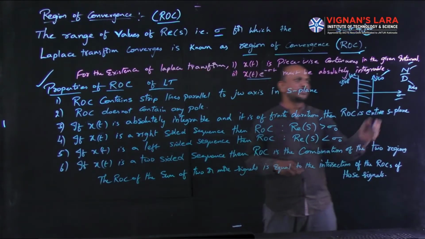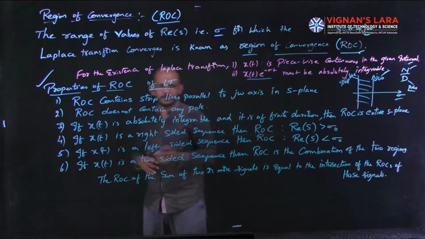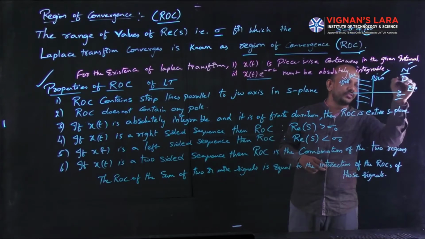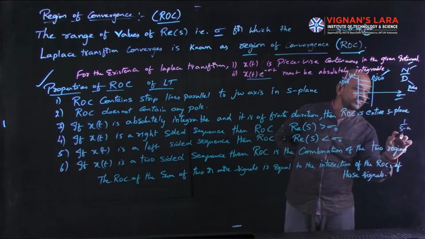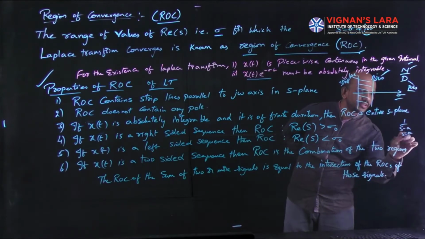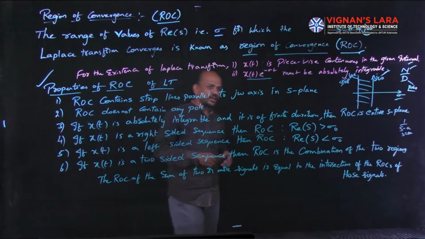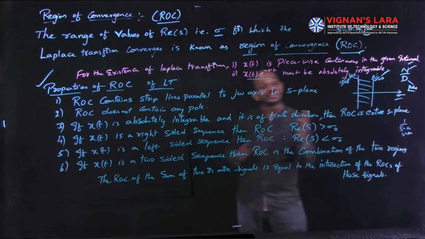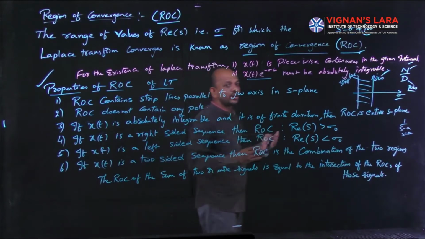So a pole is nothing but, in a given equation there is a numerator and denominator, and if we equate the denominator to 0, then I get the pole. If in the denominator I have a term like 1 by s minus a, equate this to 0, so that s equals a. So a is a pole. Now the region of convergence is either greater than this value or less than this value, based on the type of signal, either a right-sided signal or a left-sided signal.